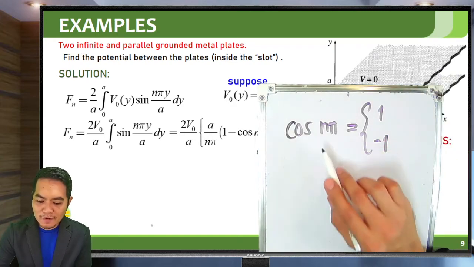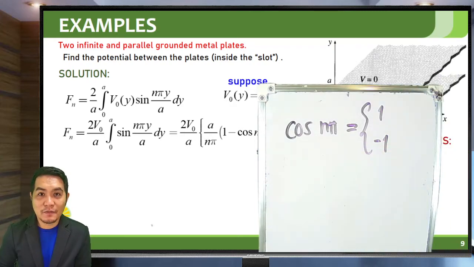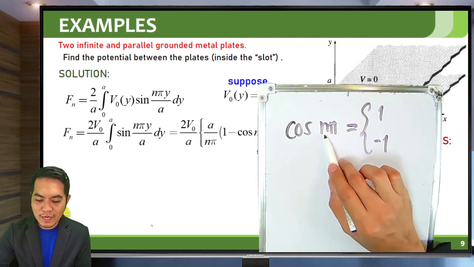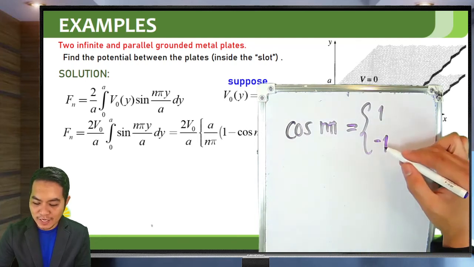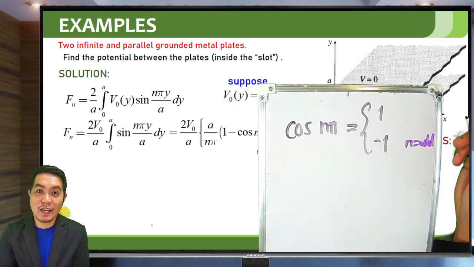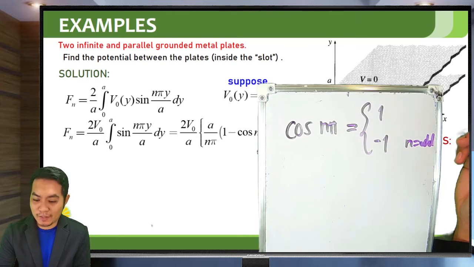When n is odd, for instance 1, 3, 5, 7, the value of cosine n pi is negative 1. So cosine of pi, 180 degrees, is negative 1. Cosine of 3 pi is also negative 1. Cosine of 5 pi is also negative 1.